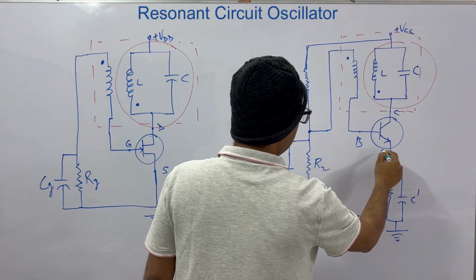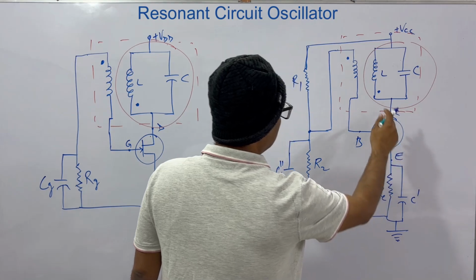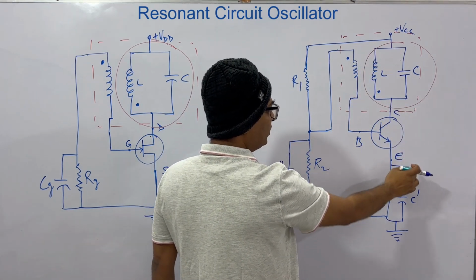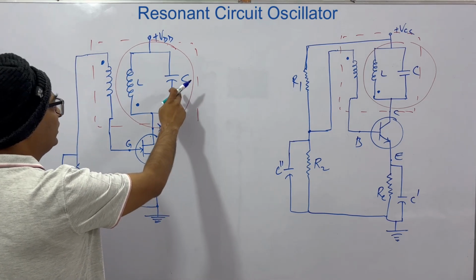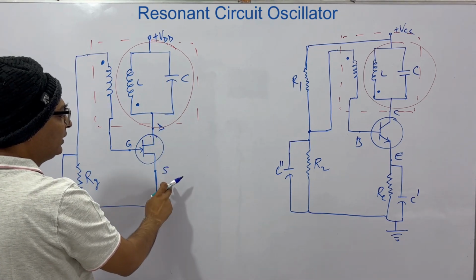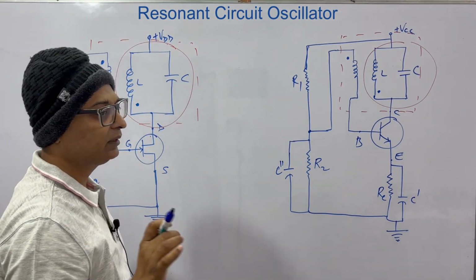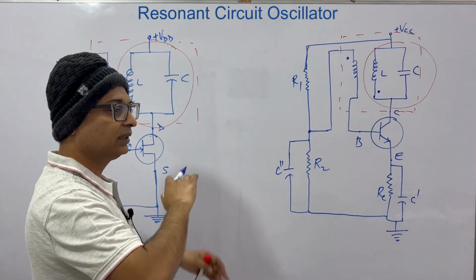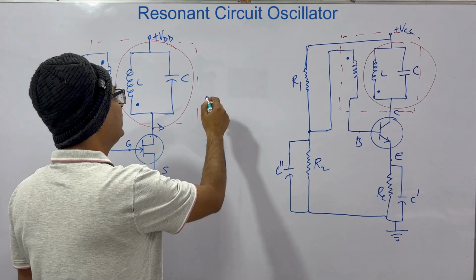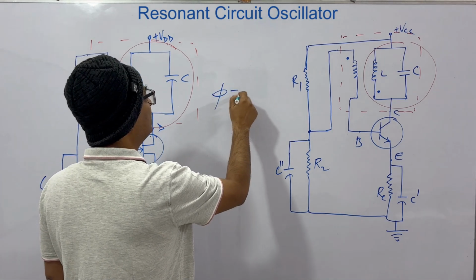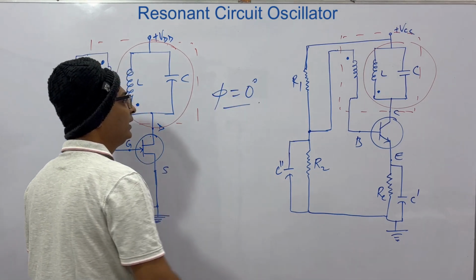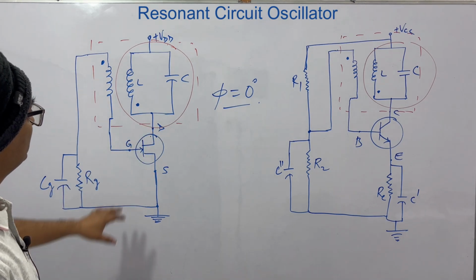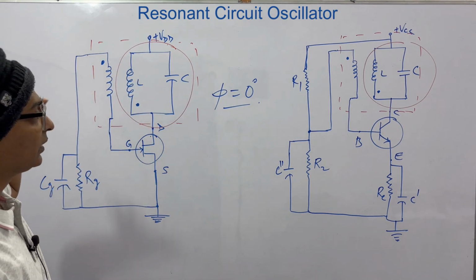So this is base, this is emitter. 180 degree shift here and 180 degree from collector to emitter, and similarly 180 degree here and then the next 180 degree here, so that the net phase shift is 0 degree, one in the positive direction, another in the negative direction. So we have achieved 0 degree phase shift through this particular network.